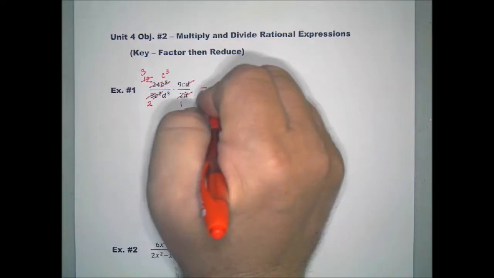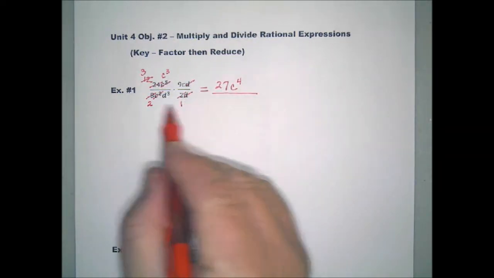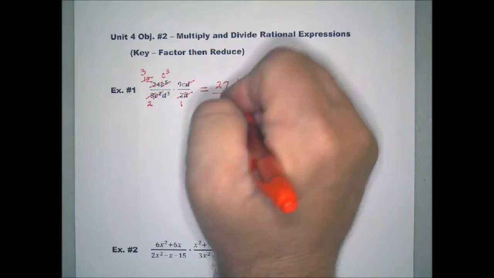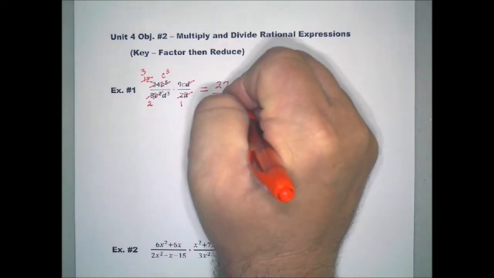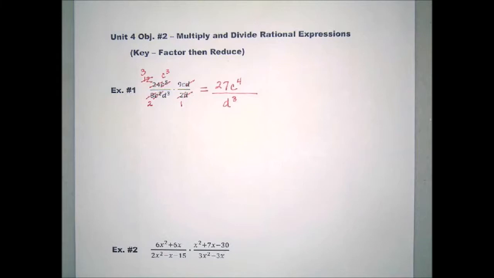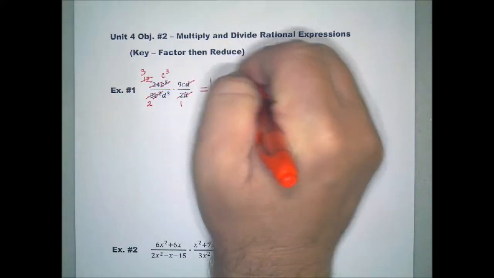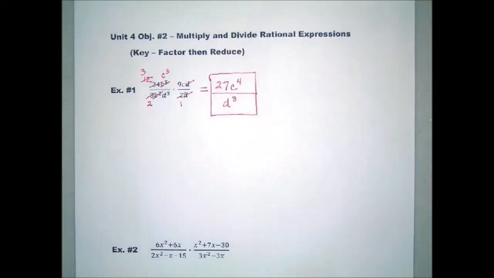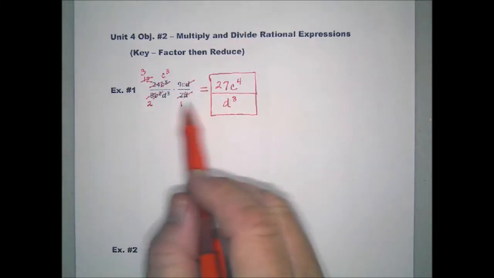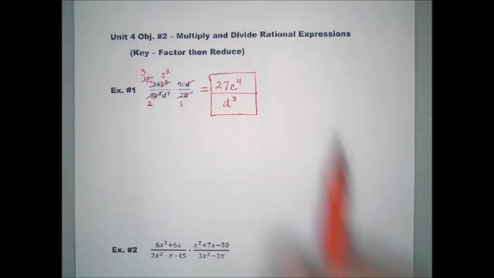And for my denominator, the only thing I'm left with down here is that d cubed. So that's the answer to that problem. That is that fraction reduced or simplified. Now notice there was no factoring involved in that problem because all of these were monomial terms.